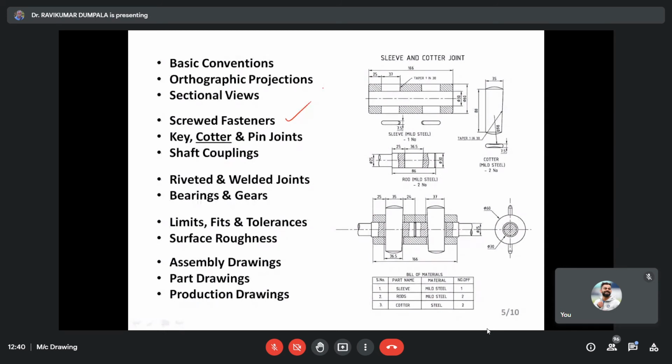And again, different types of joints, how to represent them: riveted and welded joints. While drawing here, you understand how many varieties of riveted joints there are, how many types of rivets there are, what the minute details in those rivets are, and the configuration. How to make a lap rivet joint, how to make different types of welded joints, especially the symbols.